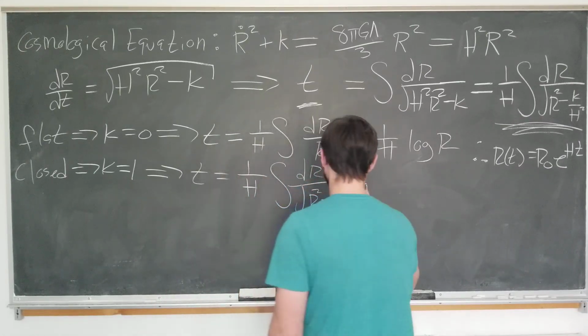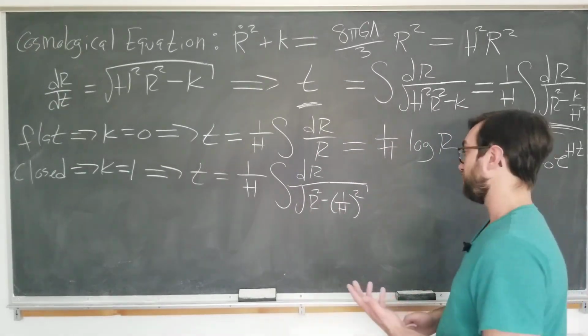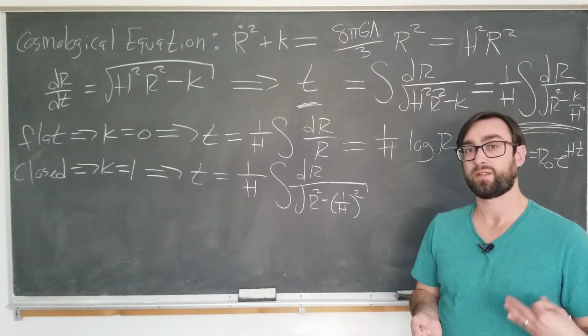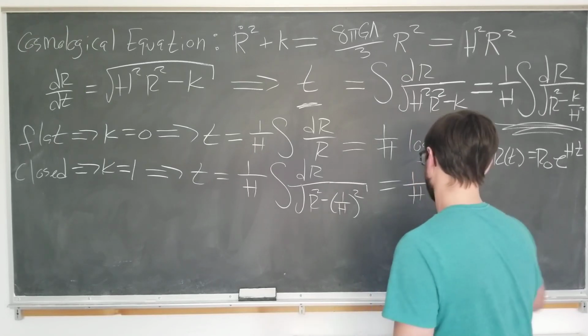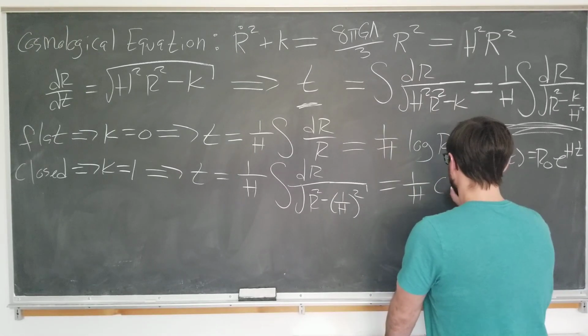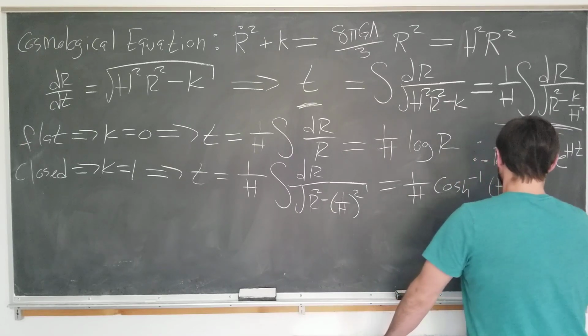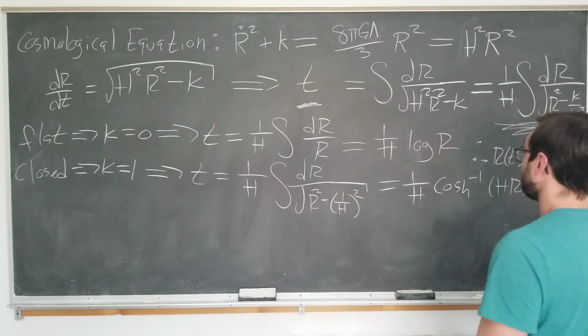I have written it in this fashion because we can recognize this integral as the arc... I'm just going to write it. 1 over H. Now we have cosh inverse of Hr. So the inverse hyperbolic cosine was what I was struggling with.